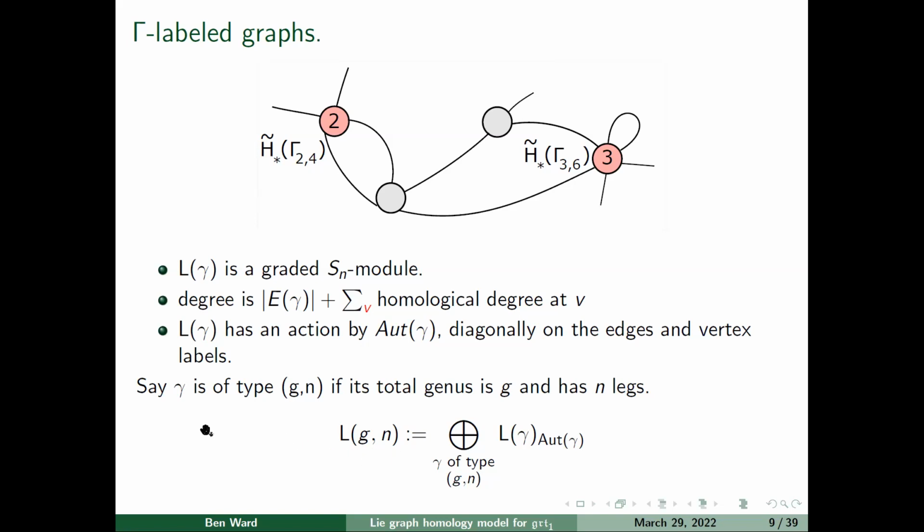Ben, sorry, can I ask a question? Yes. Sorry, I should have asked this earlier. So this homology of these gamma (g, n), I'm just not very familiar with these. What is a typical example, or how should I think of these homology classes?